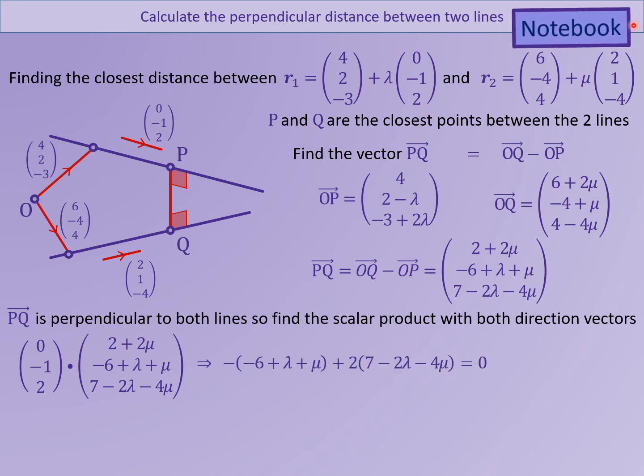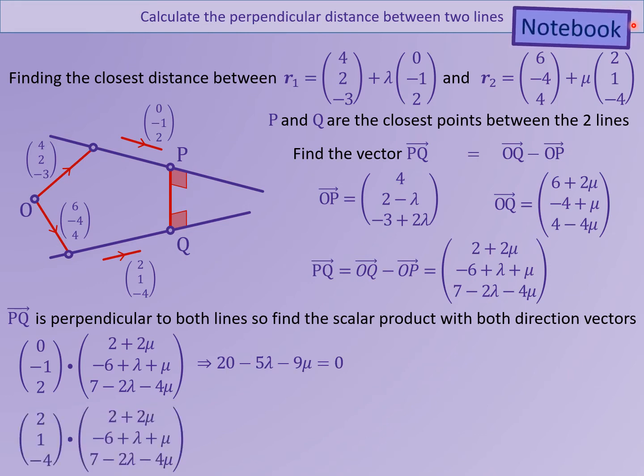We're going to expand that, set it equal to 0, and we get an expression involving lambda and mu. We're then going to take the direction of the second line, again find the scalar product with PQ, set it equal to 0, and this will simplify down to also give us an expression for lambda and mu.